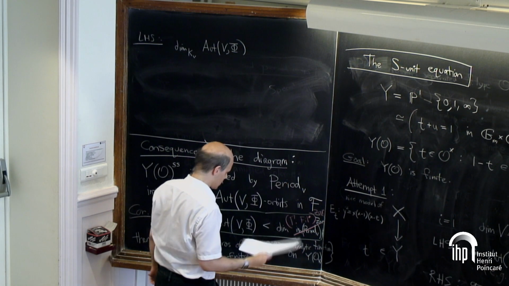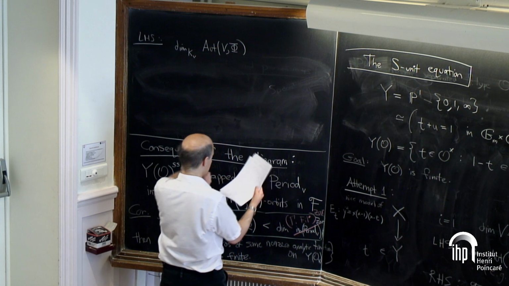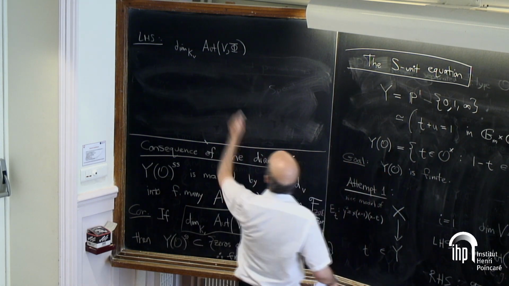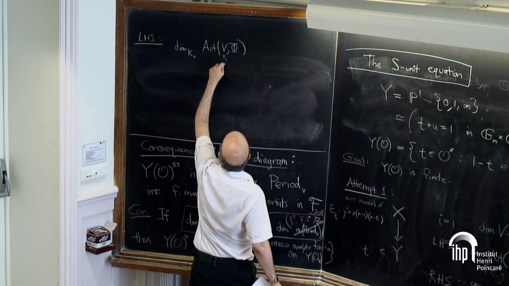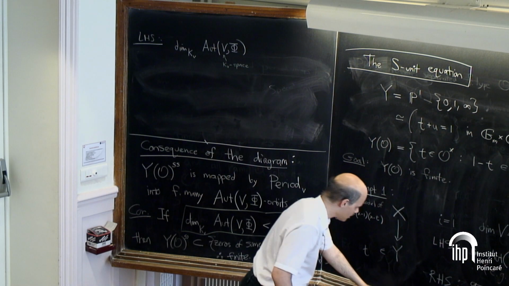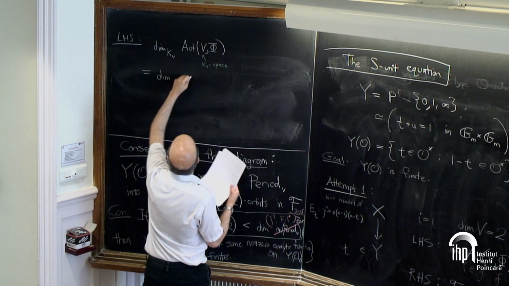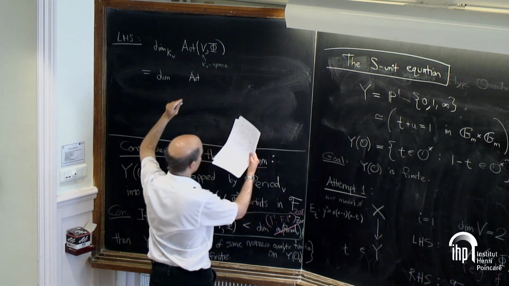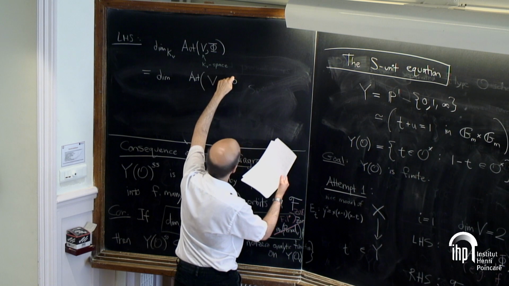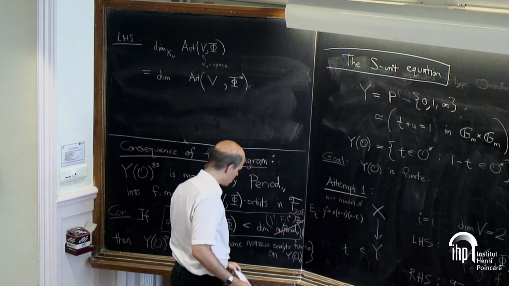Here I'm thinking of this V as a KV vector space. But there's a little lemma you can prove, some little linear algebra thing, where this is actually the same as if you considered the automorphisms of V as an LV vector space, but then raised this to the mth power to make it LV linear.